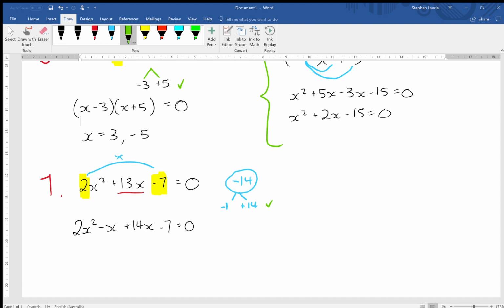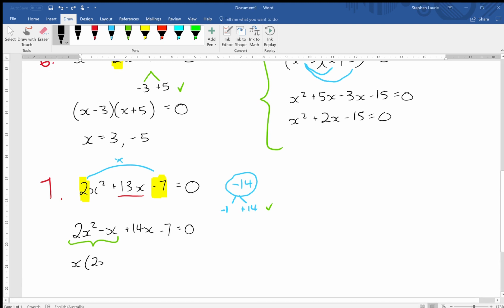So we're just going to look at these first 2 to start with. What's something common? x. And when we bring x out the front, we're left with 2 lots of x minus 1. Okay, so that's the first pair.